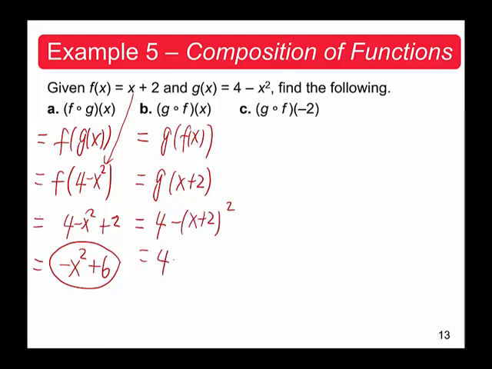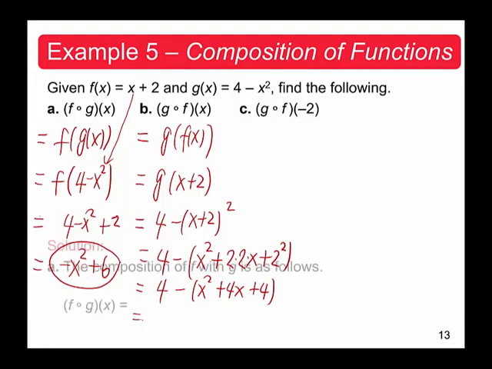And this is 4 minus the perfect square, which turned out to be x squared plus 2 times x times 2, adding 2 squared. Okay, then simplify a little bit. So 4 minus (x squared plus 4x, adding 4). Now expand it and combine the like terms.